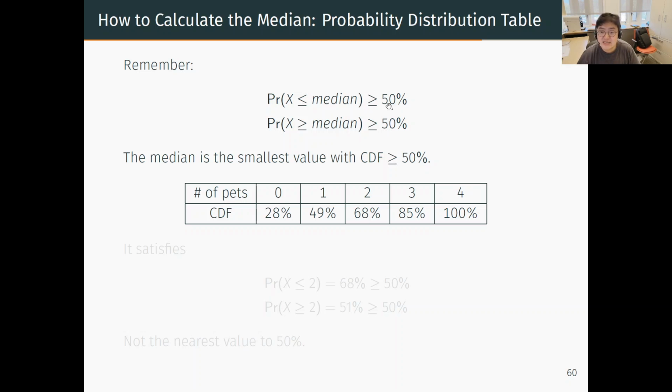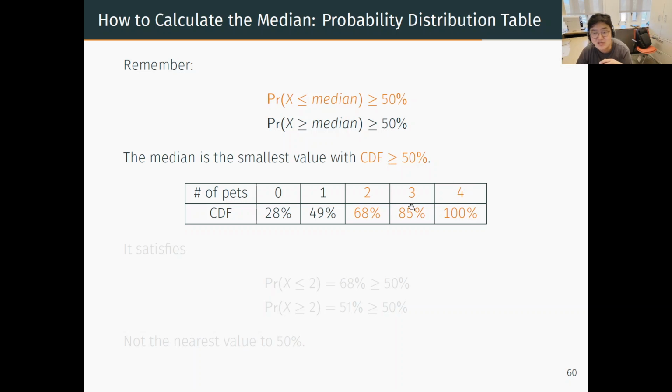This inequality is not satisfied. 1 does not satisfy the first inequality either. You have to go to 2. So if you plug in 2 as the median, if you believe the median is 2, then the first inequality will be satisfied. So the first inequality will be satisfied by these 3 values. They are candidates. But to satisfy the second one, you have to count probability from the largest again.